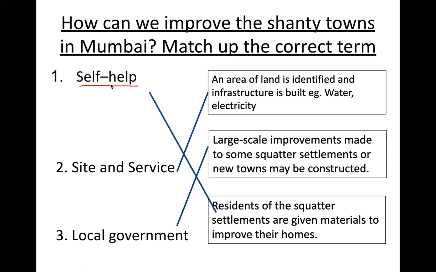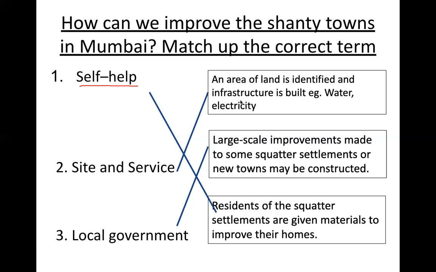In this case, self-help is the bottom. If we're going to self-help, that means the residents are given materials to improve their own homes. So rather than the government building for them, materials are given, and it's hoped that the people themselves can rebuild, they can have ownership themselves. Site and service is where new land is identified and infrastructure is built.